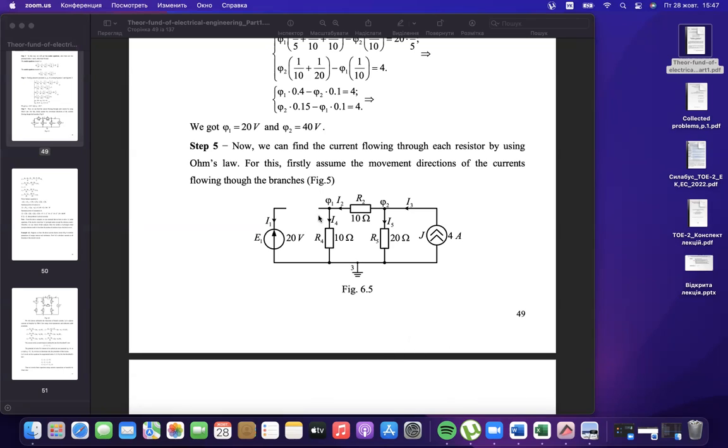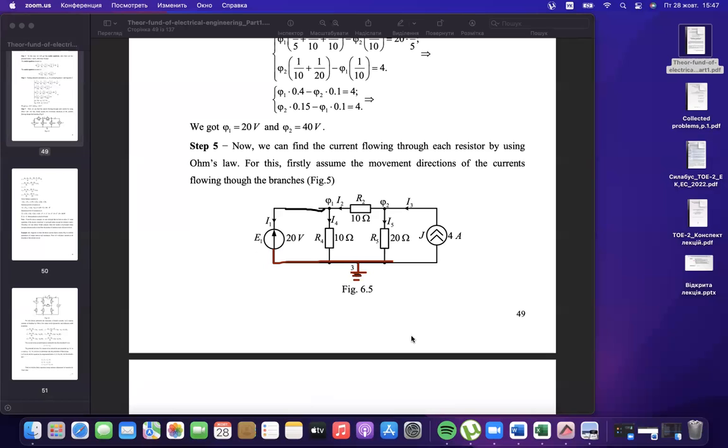If we don't have resistivity here, what should we do? We should take a 0 point near the negative point of the source. It will be at the same point here, ground on the negative point of the source.